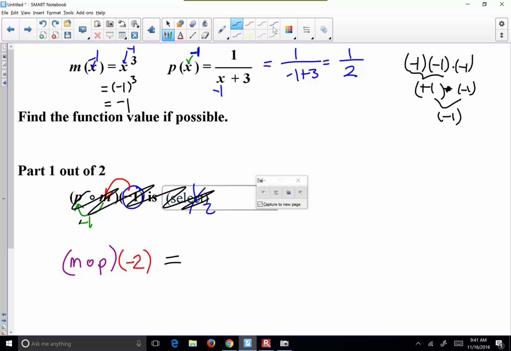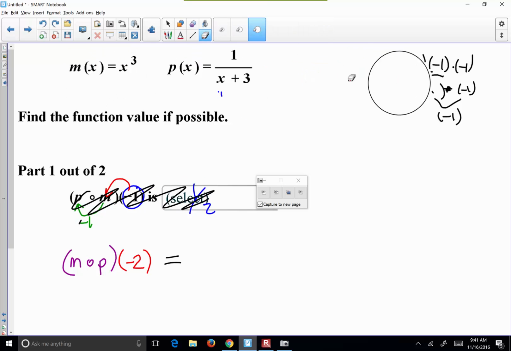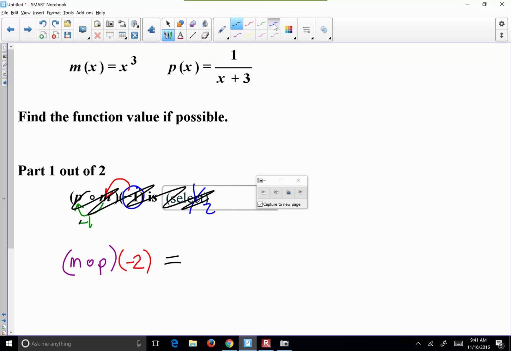So this question gone, clean start, all gone. Just do what I said. Passenger -2 or material -2 is visiting which machine first? Which one? P. So enter -2 in P then. What do you get?